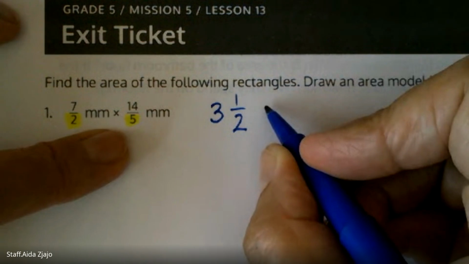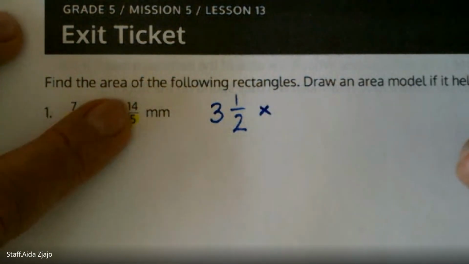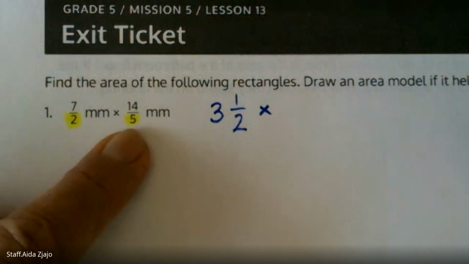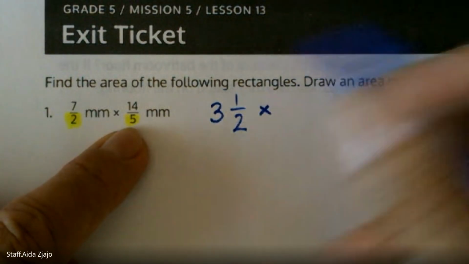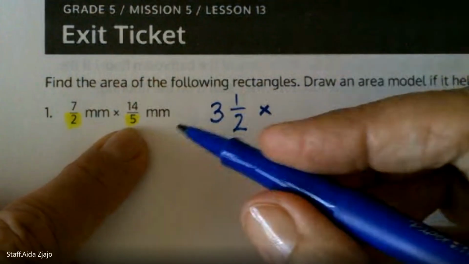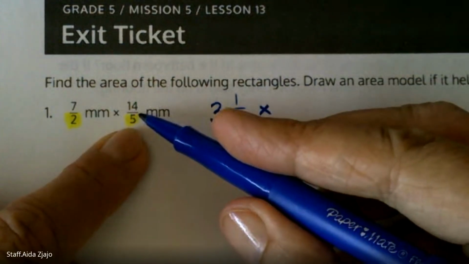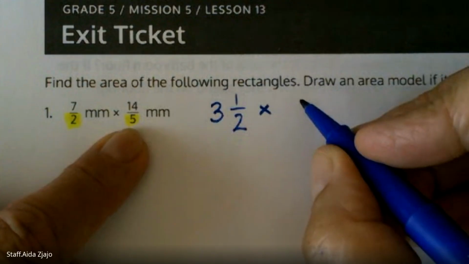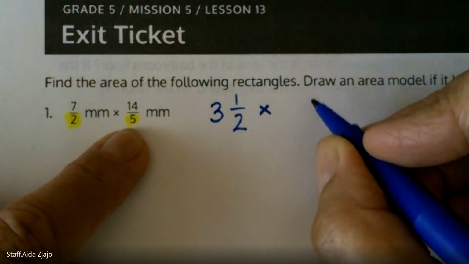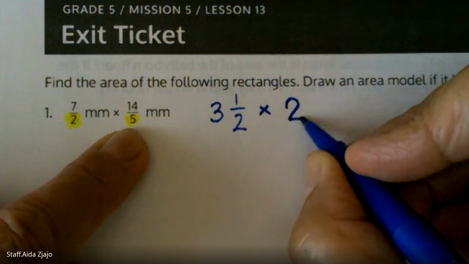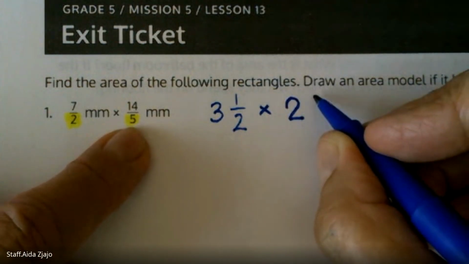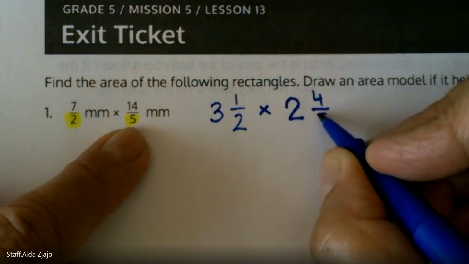Also, if I think about this 14 fifths, 5 pieces makes a whole. I have 14. So in 14, I have two 5s. So I have 5 fifths, that's one whole, and 5 fifths, that's another whole. So I will have 2 wholes, and I will have 4 fifths left.